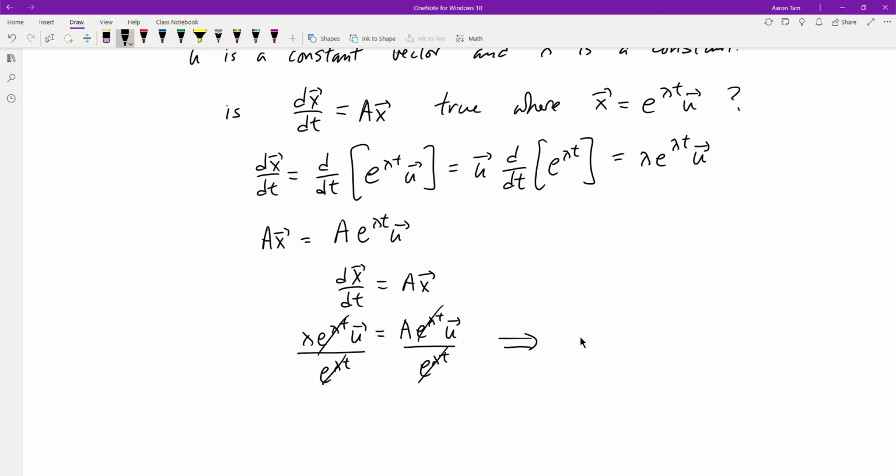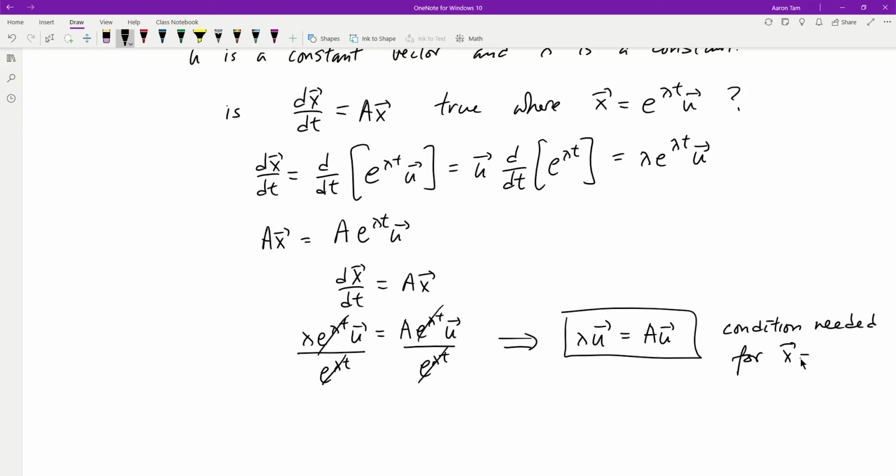That implies that lambda vector u must equal a vector u. So therefore, this is the condition needed for x equal to e to the lambda t vector u to be a solution to the equation d vector x over dt equal to a vector x.